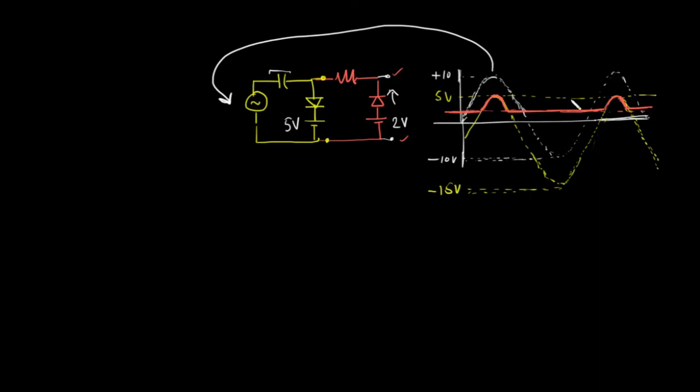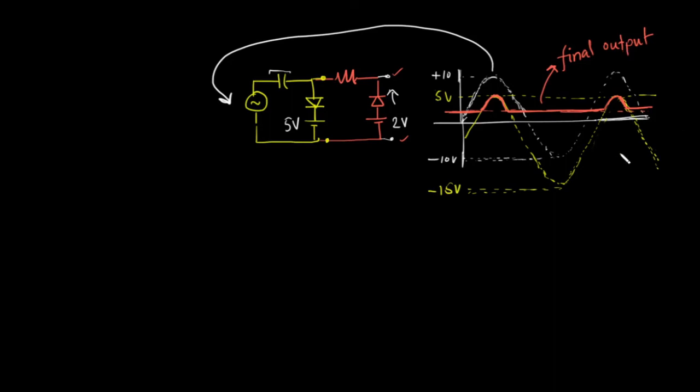So this red graph is our final output, the output after the clipper and the clamper. The yellow graph was just the output of the clamper. The yellow graph was being fed into the clipper, and the red graph is the output of the clipper.